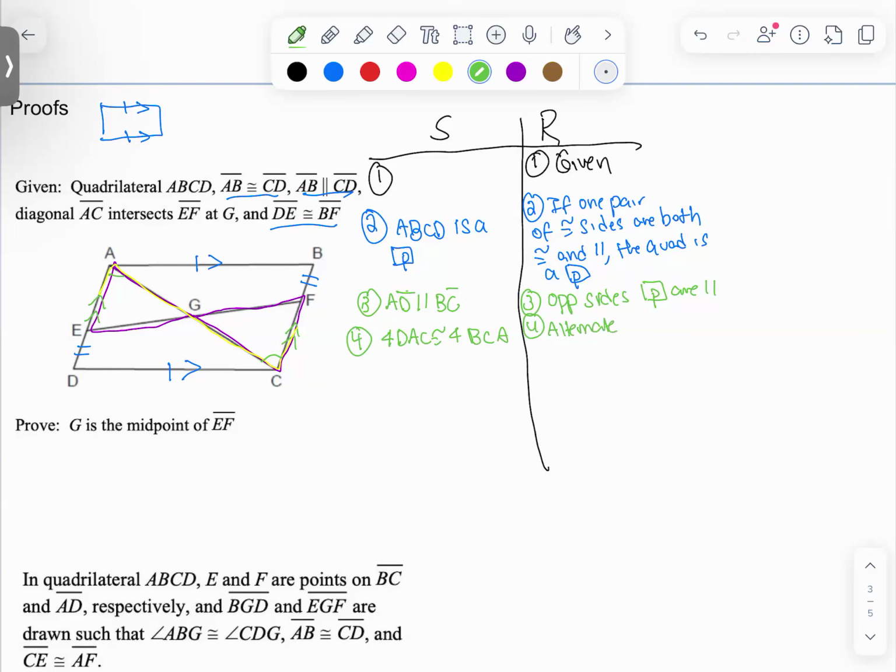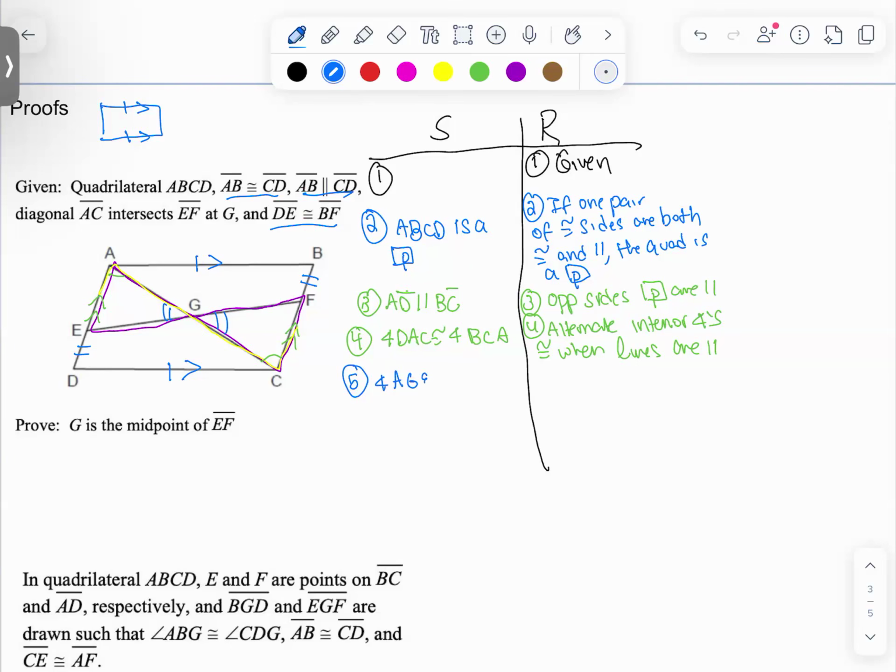Alternate interior angles are congruent when lines are parallel. You might have noticed that we also have congruent vertical angles.